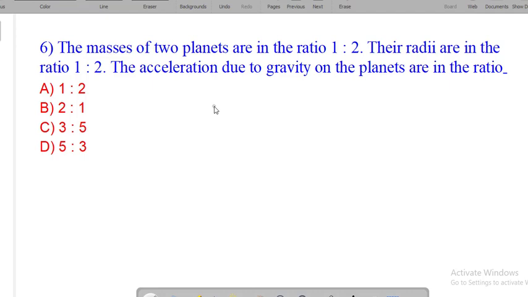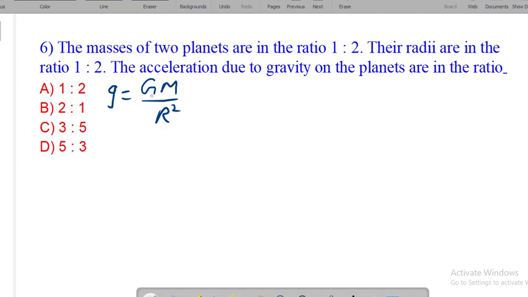Next is question number 6. The masses of two planets are in the ratio 1:2. Their radii are in the ratio 1:2. The accelerations due to gravity on the planets are in the ratio? So first we write the formula for g, the acceleration due to gravity. This is given by G m upon r square.